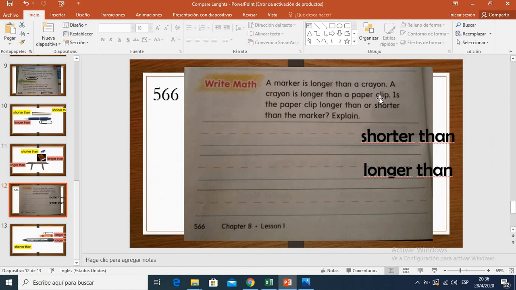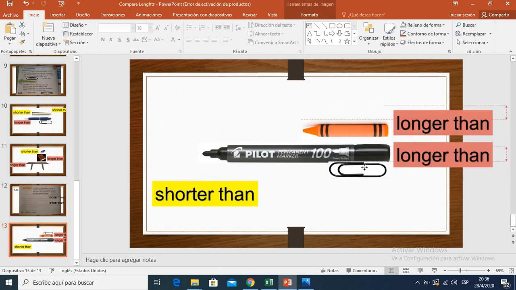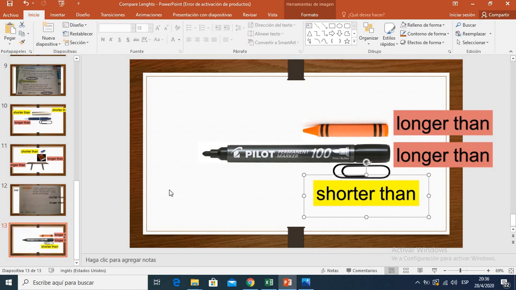Now it reads. Is the paper clip longer than or shorter than the marker? Vamos a ver. The paper clip. Let's compare it to the marker. Is the paper clip longer than the marker or is it shorter than the marker? It's shorter than. Very good.